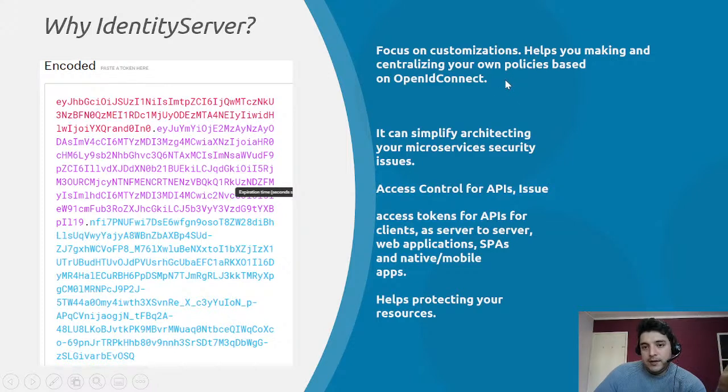This identity server is highly focused on customizations and helps us to create our own policies and a lot of features that we can imagine, and can simplify architecting our microservices security issues, has great control via APIs, is API friendly, and serves as secure communication for machine-to-machine, web applications, single-page applications such as Angular, Blazor, or native mobile apps. In general, it helps us protect our resources.